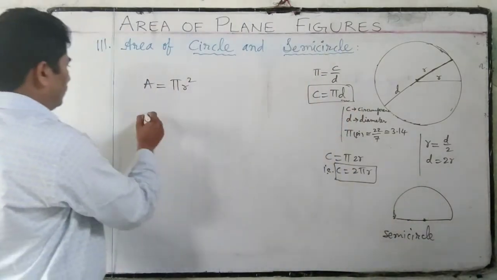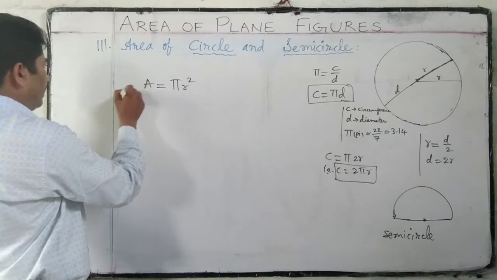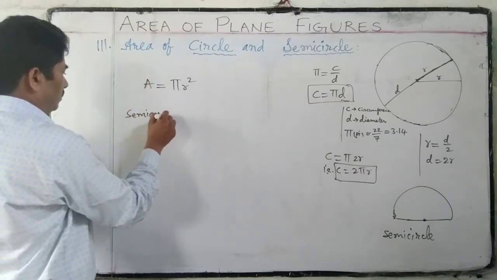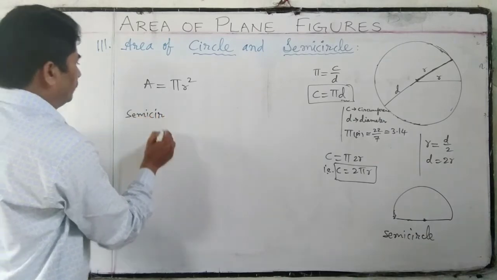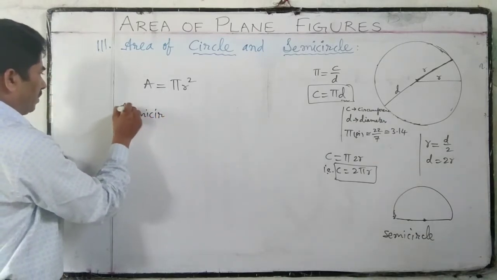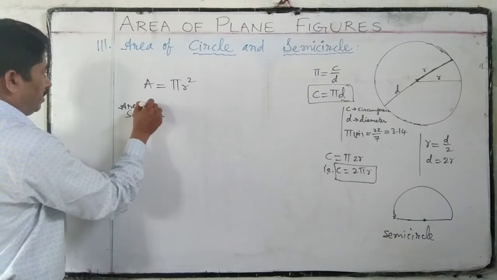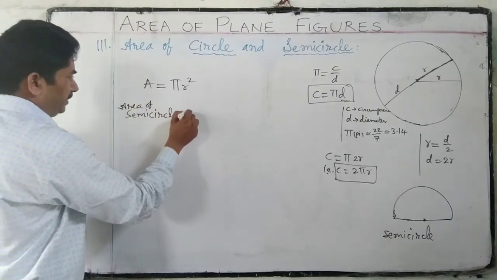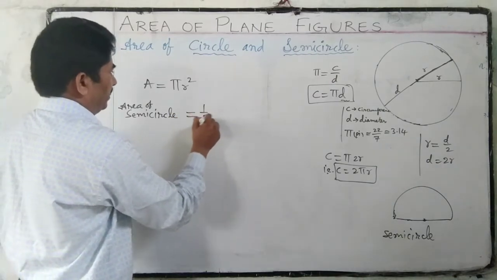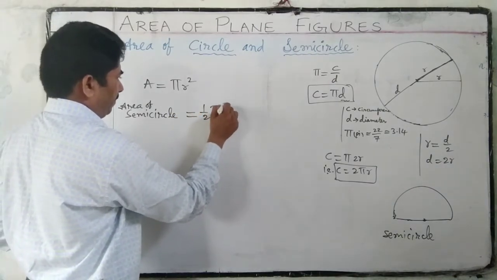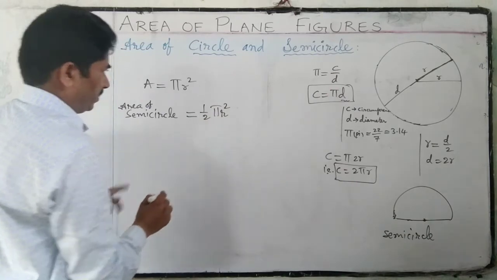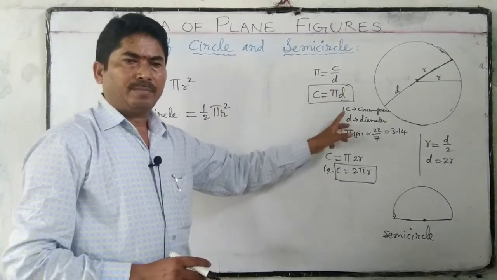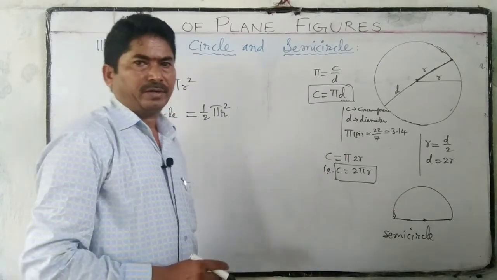So this is area of circle. Area of semicircle is equal to half pi r square. These are formulas to find area of circle and area of semicircle.